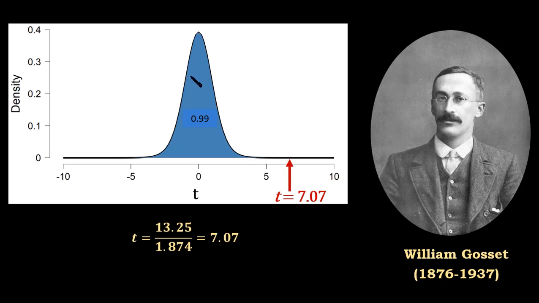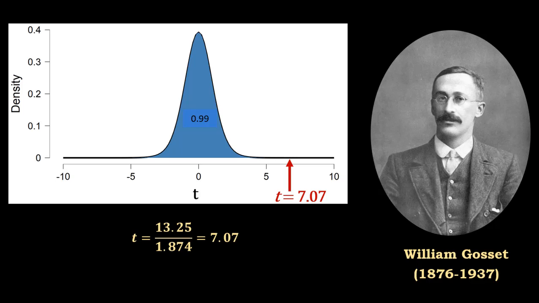So here is the t-distribution, which is centered around 0, and the distribution depends on the degrees of freedom. In this case, this is a t-distribution with 14 degrees of freedom.